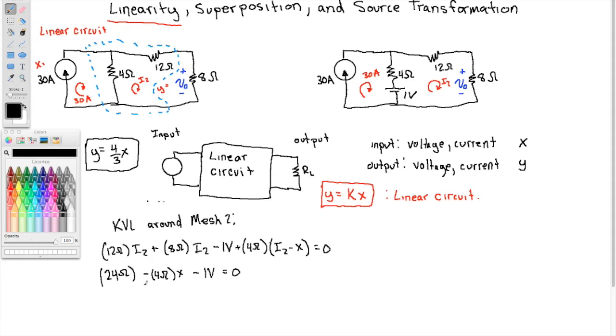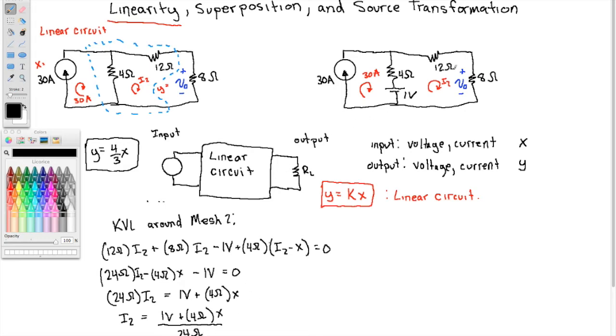Getting everything to the other side, I've got 24 ohms times I2 equals 1 volt plus 4 ohms times X. And so I2 is 1 volt plus 4 ohms times X, over 24 ohms.